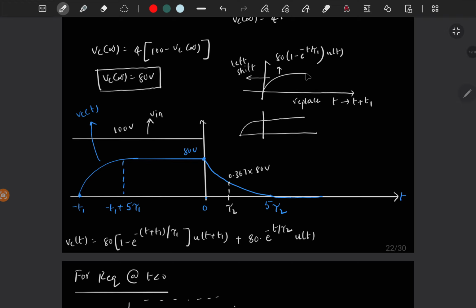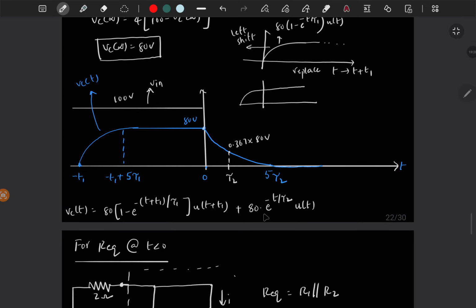And it will go till t tends to infinity, because this is going till t tends to infinity, and if you just left shift by t1, then this will also go till t tends to infinity. But do you need that? No, right? At t is equal to 0, we are getting some other equation that we have already written. So this is this equation from t is equal to 0, because u of t is there. So it is from t greater than 0. You will get this one. But if you add this one, then you are adding this one also.